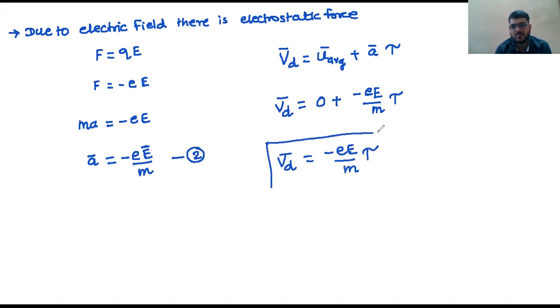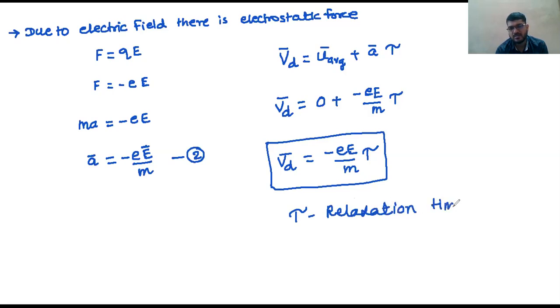This is one formula we got for drift velocity. Where tau is called relaxation time. First formula I got, VD is equal to minus eE by m into tau. Now what is this relaxation time? How to define it?